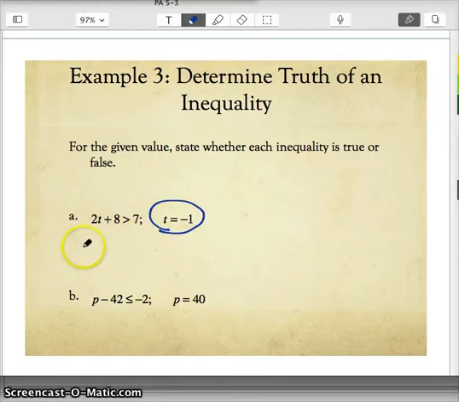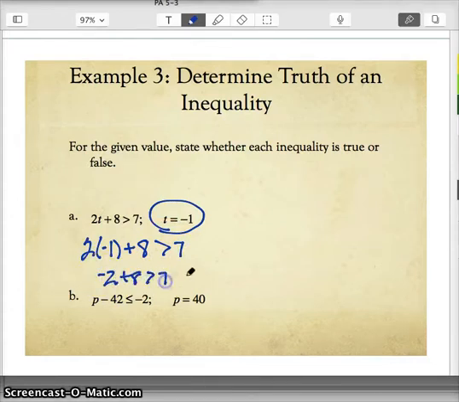If I plug -1 into this inequality, I get 2 times -1 plus 8, and I'm going to see whether this is true. Is it really greater than 7? When I multiply that, I get -2 plus 8 is greater than 7, and -2 plus 8 is a positive 6. Is 6 greater than 7? Of course not. So we know that this one is false.